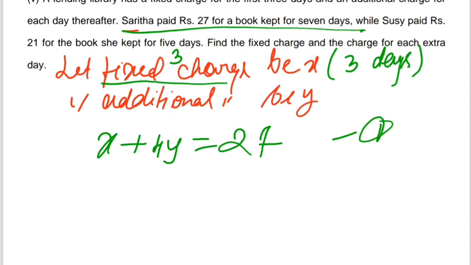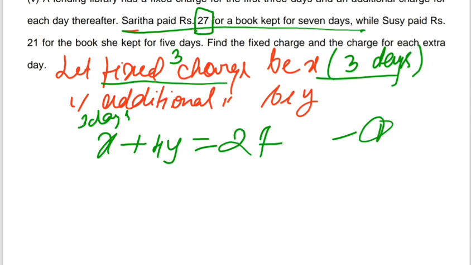So I'll explain it. x means the fixed charge, that is for 3 days. Rupees 27 is the total payment. To find the total amount, we calculate the charge per day into the number of days.